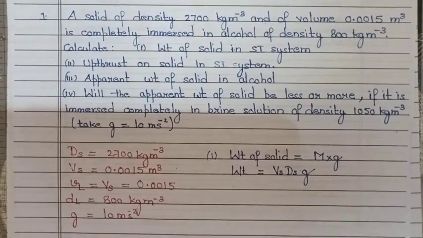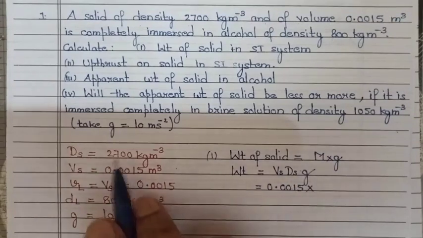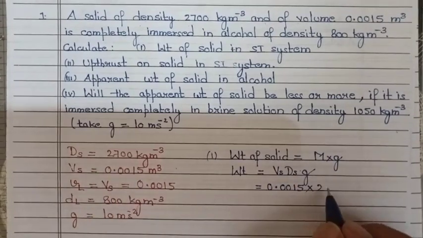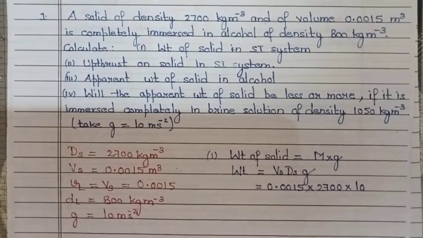Then we get this formula. Now volume of solid is known to us, it's 0.0015 into density of the solid, that is also known to us, into gravity, that is also known to us, 10. Now let us do the calculation for it.